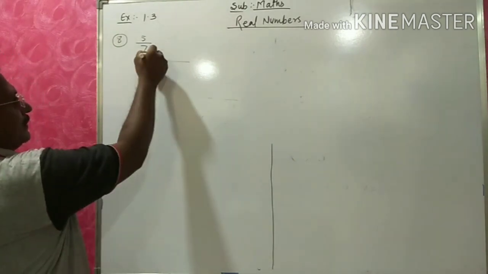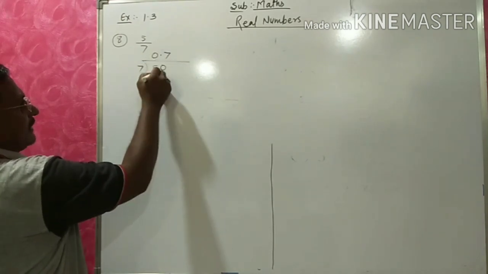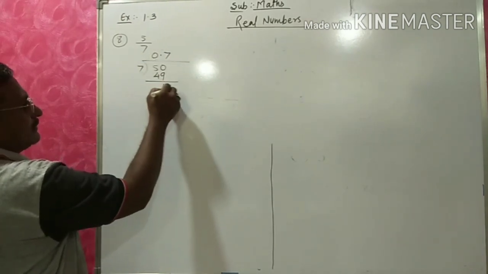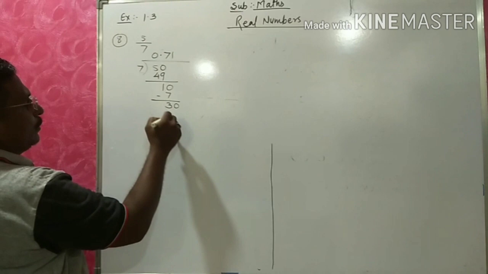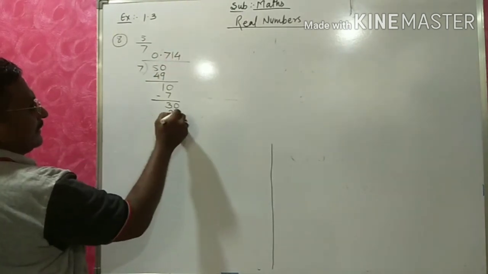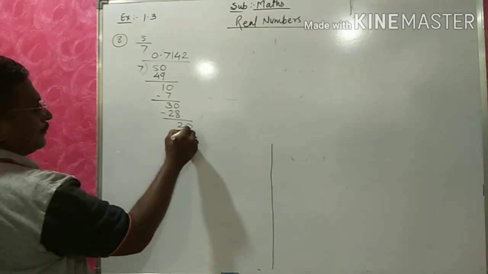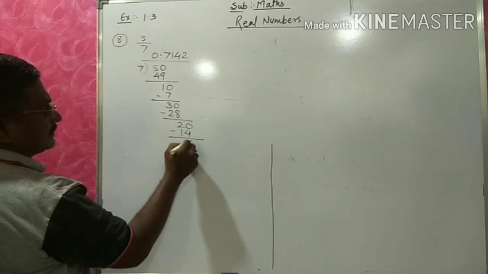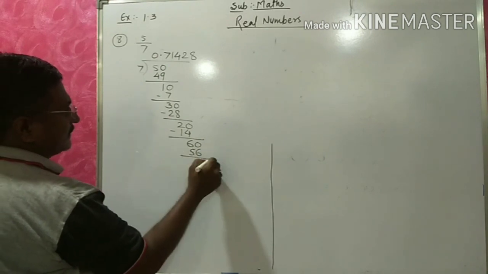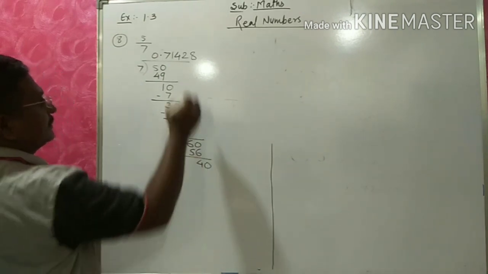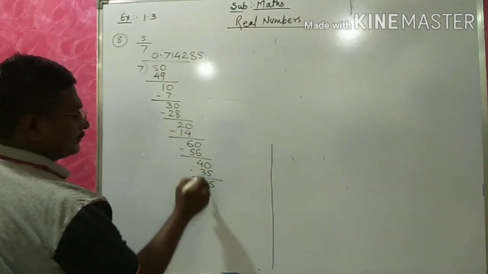Here 5, here 7. Divide it. 7, 0, it is not divisible, so we take the decimal point. 7 sevens are 49, remainder 1, 0. 7 ones are 7, 3, 0. 7 fours are 28, 2, 0. 7 twos are 14, 6, 0. 7 eights are 56, 4, 0. 7 fives are 35, 5.